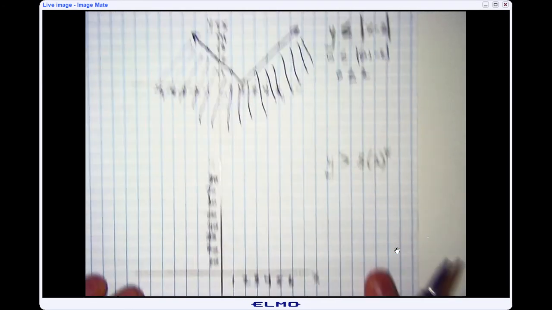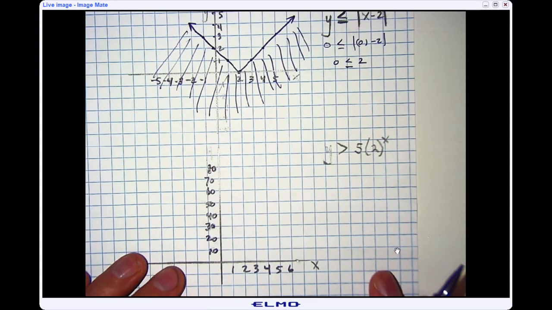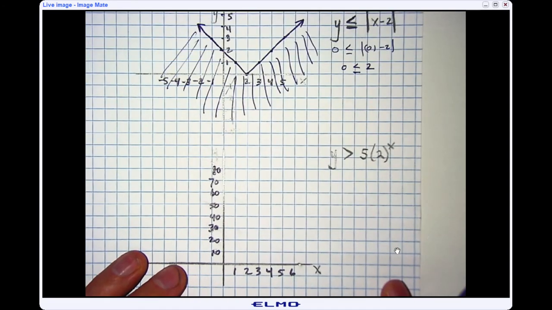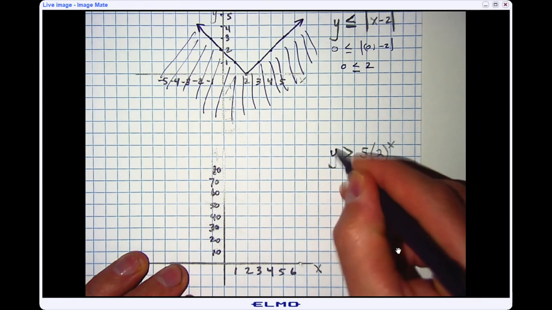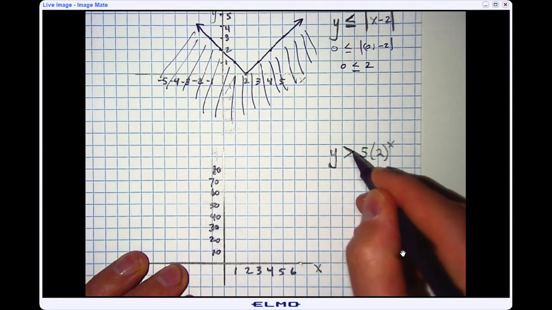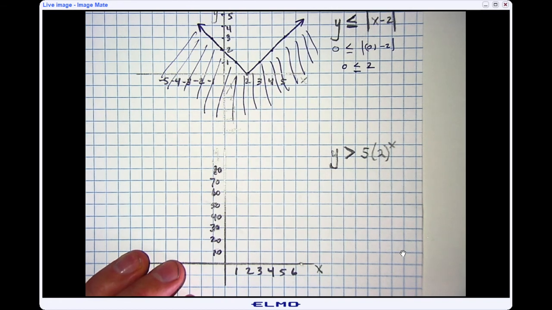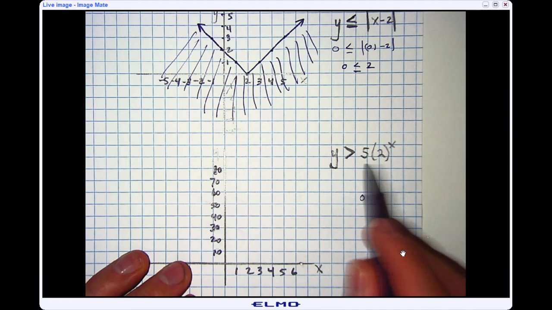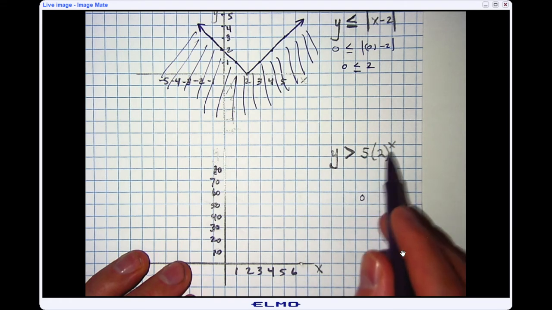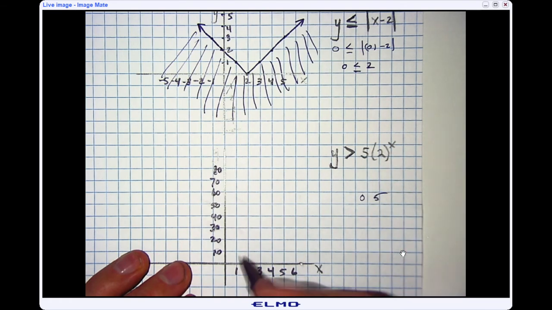The last example I'm going to give you is we were talking about exponential growth and decay quite a bit this year. So this equation is y is greater than 5 times 2 to the x. Now if I put in coordinate points, if I just want to put in 0, 2 to the 0, anything to the 0 power is 1 times 5 is 5. So I'm going to start at 0, 5 would be a dot.